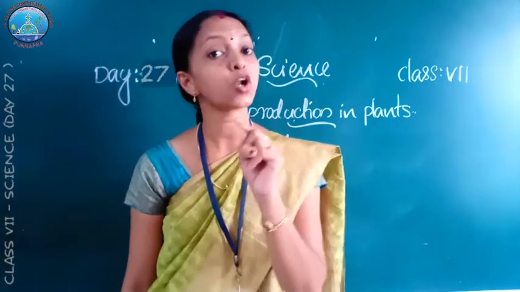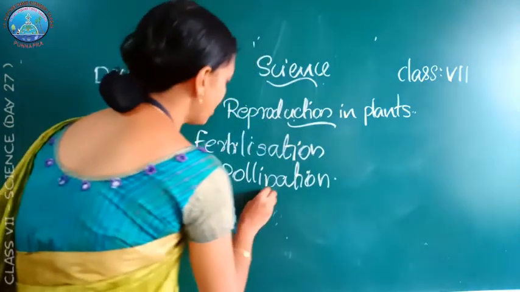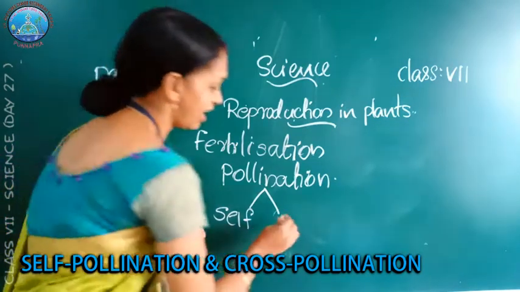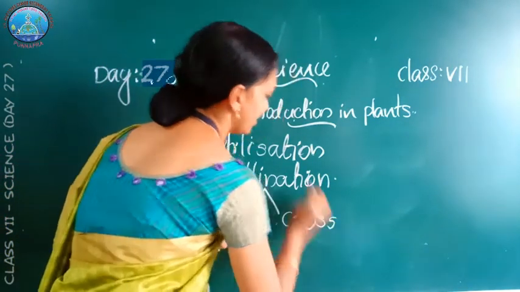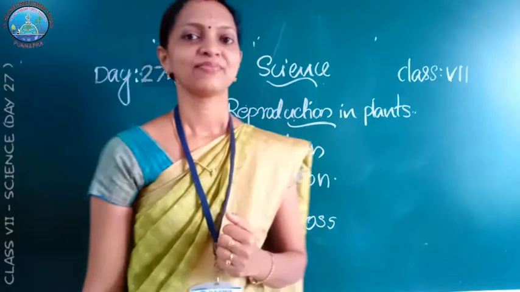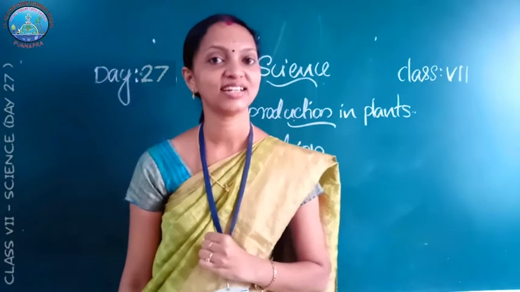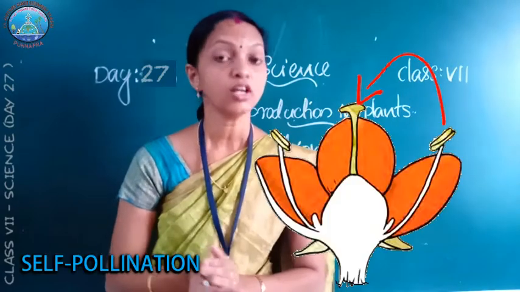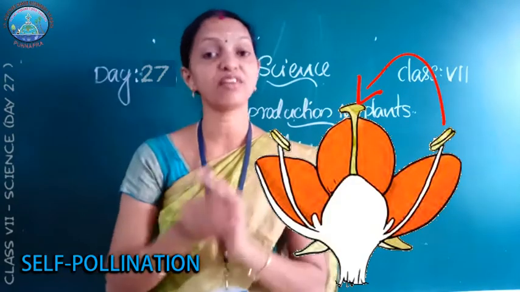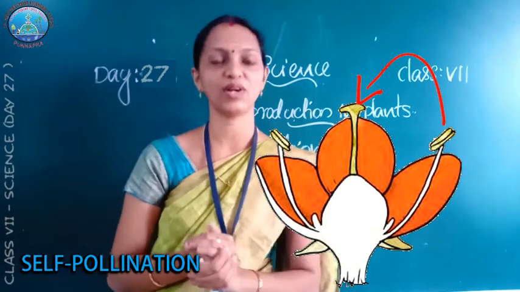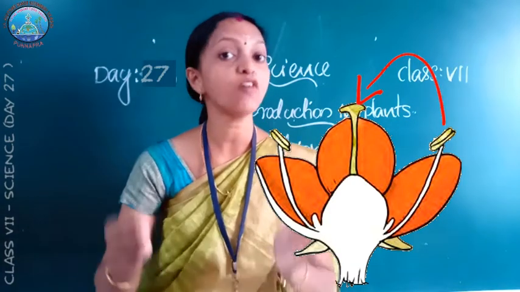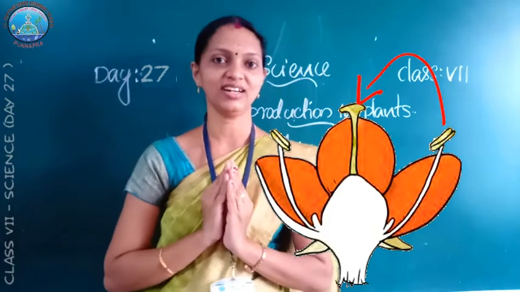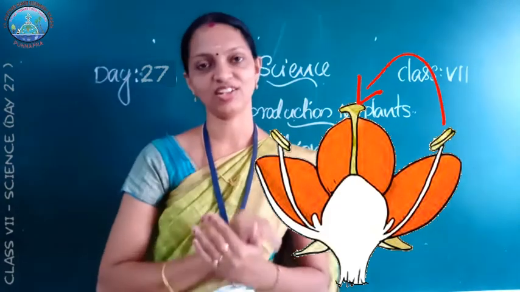Self-pollination and cross-pollination. What is self-pollination? The transfer of pollen grains from anther to the stigma of the same flower is called self-pollination.